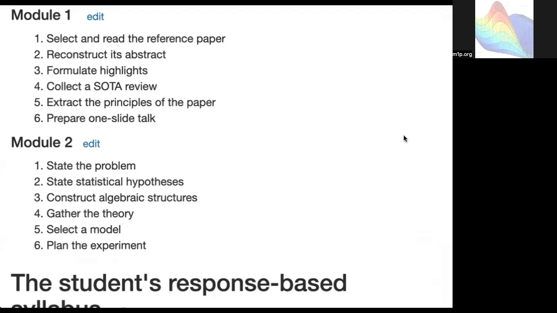This plan of classes is provisory, but anyhow it coincides with the roadmap of a scientific paper preparation. We select a paper to start from, we discuss its principles, formulate results, collect a review, and prepare a small talk about it.